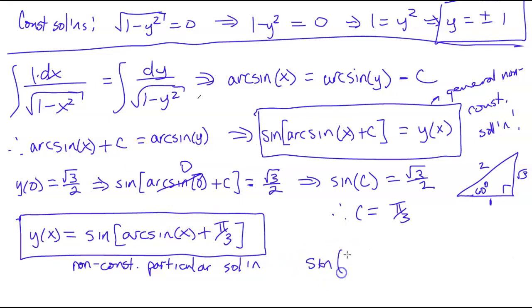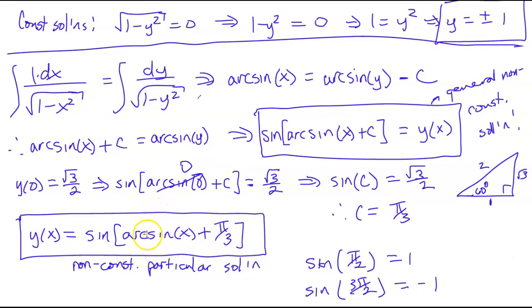Okay. And how we know that is, remember that sine of pi over 2 is equal to 1. Also remember that sine of 3 pi over 2 is negative 1. And remember that arcsine of x is some angle. Okay. So here, if I was able to say, well, pi over 3 plus what angle would give me pi over 2, of course, this is the same as 60 degrees.